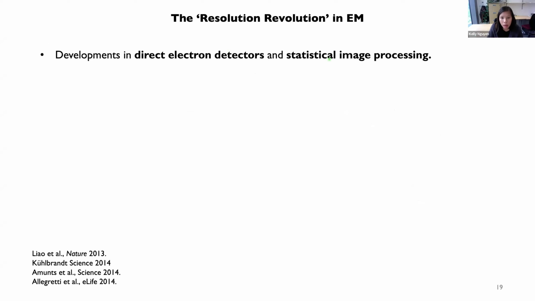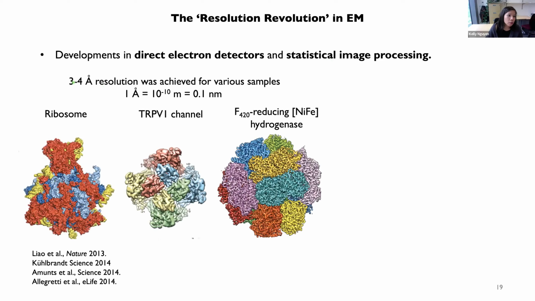Together, the field really made a big jump in the resolution that we can achieve. Back then, there were structures of various samples about 9 or 10 years ago, and some examples here that I took from a review written by Werner Kühlbrandt in Science show that we can now achieve 3 to 4 angstrom resolution for various samples.